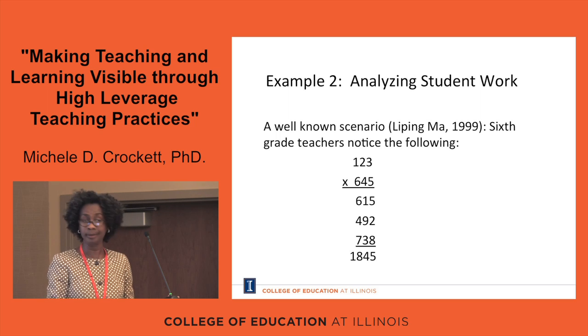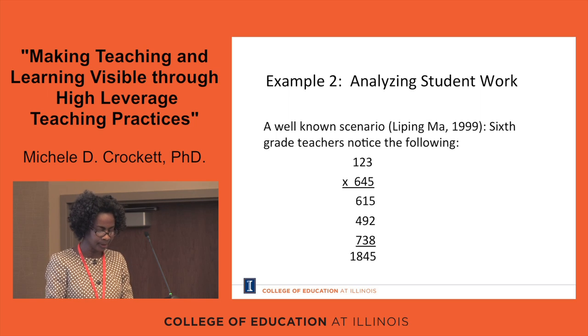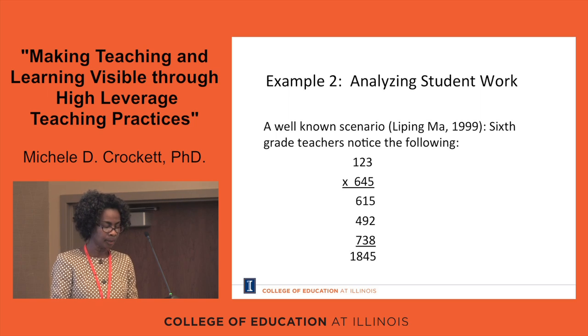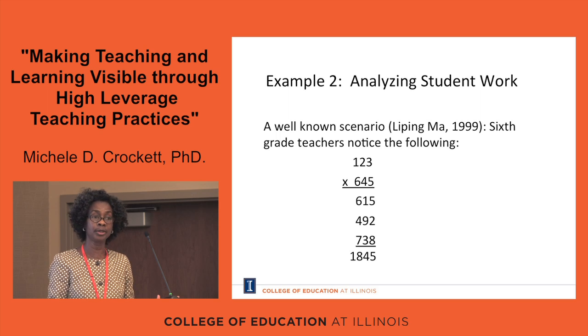And you administer it, and 35% of the sixth graders did the problem in the way that's shown on the slide. What do you do? What do you do? My hope is that you don't let it go because you figure, well, more than half got it right, right?